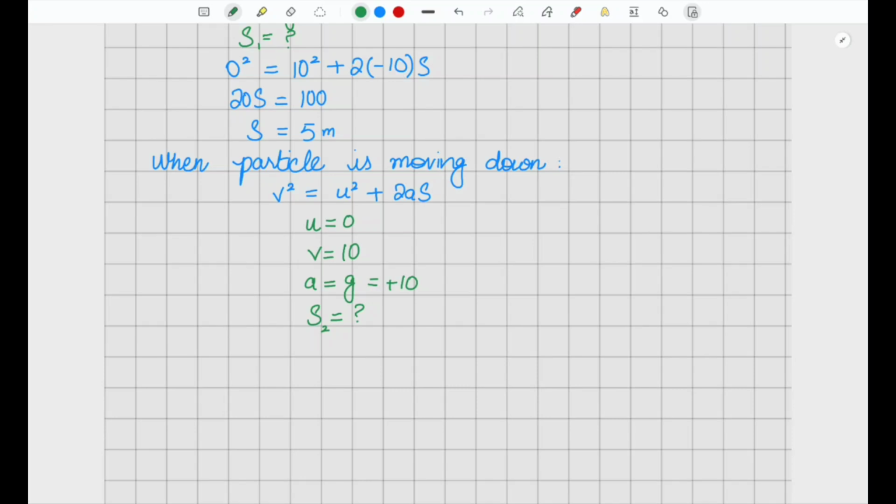So let's substitute in the values. We get 10 squared equals 0 squared plus 2as, and s will be equal to 100 over 20.